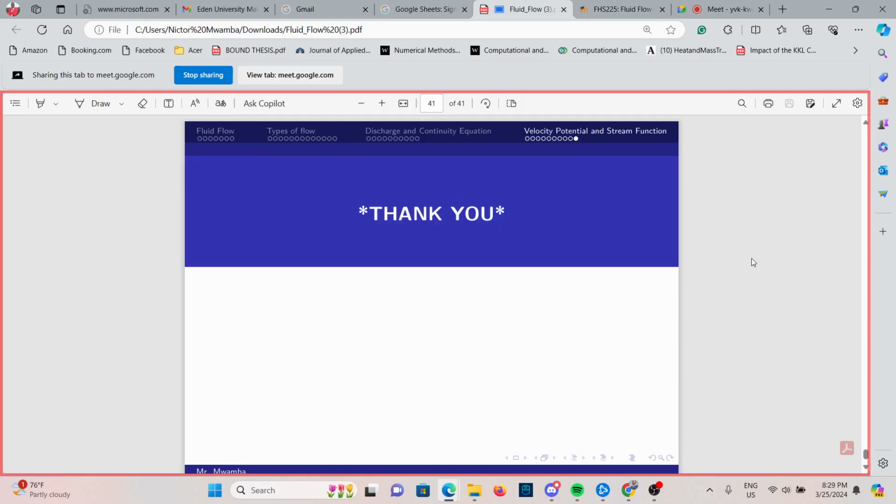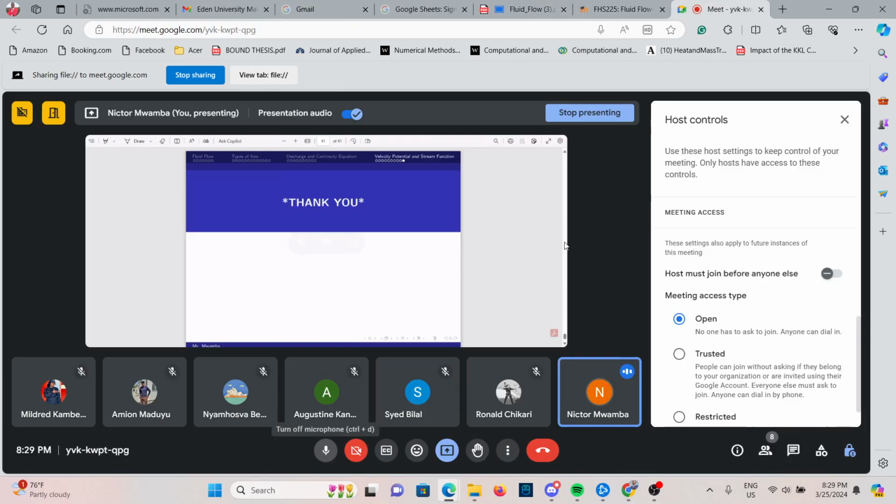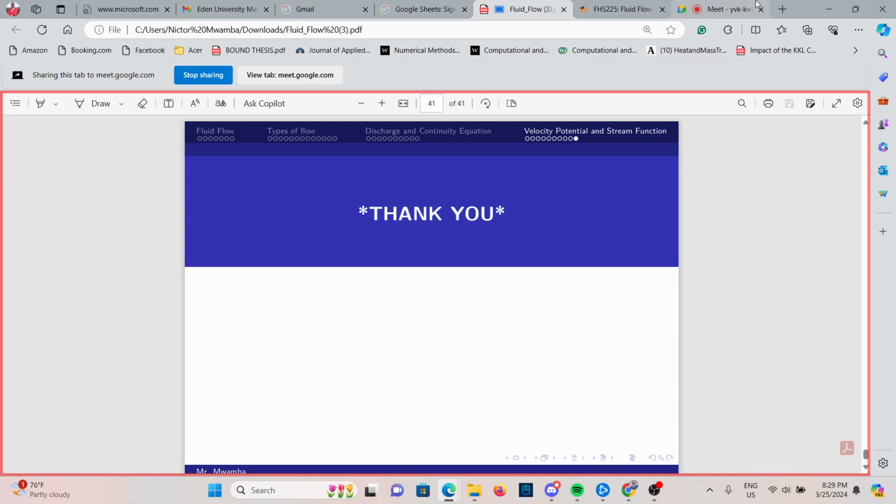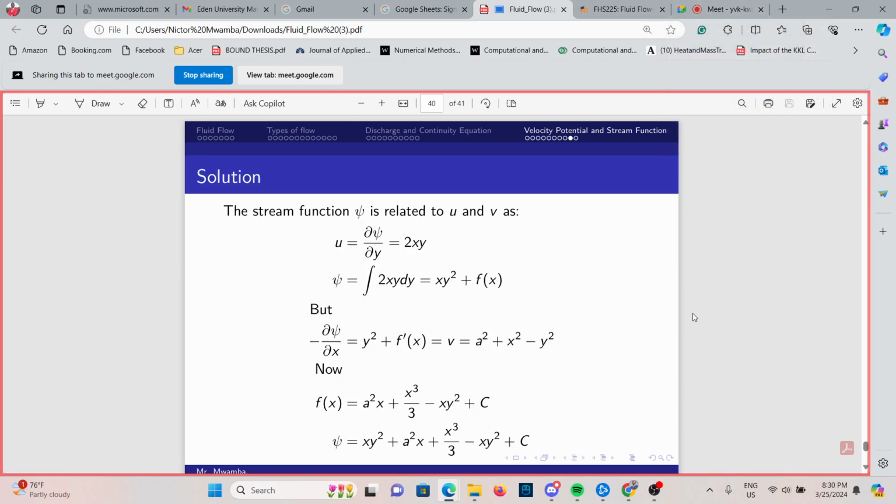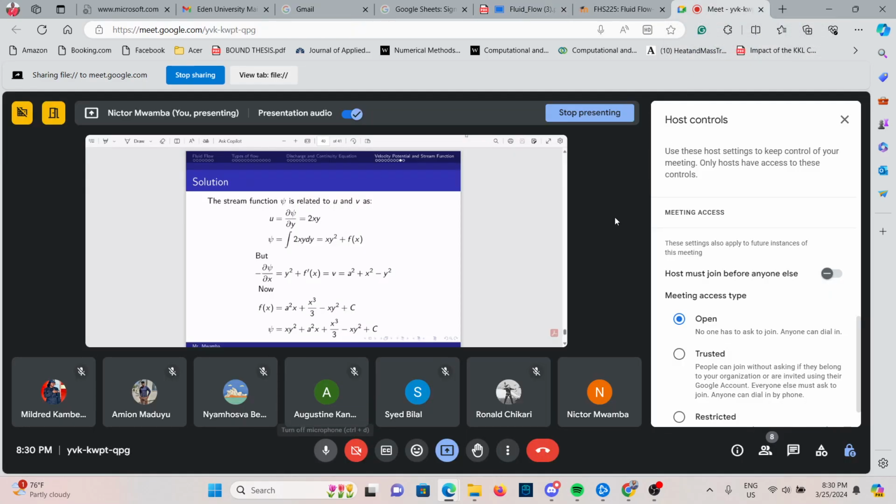So this is the end of the class on fluid flows. We're almost saying goodbye to differential equations. This is the topic fluid flow, and we are done with it.